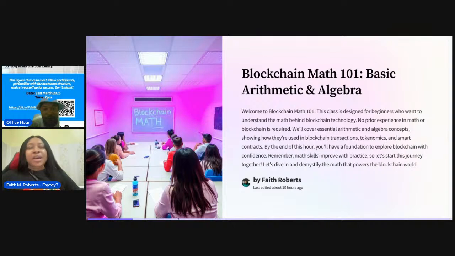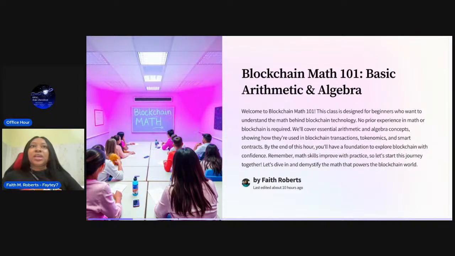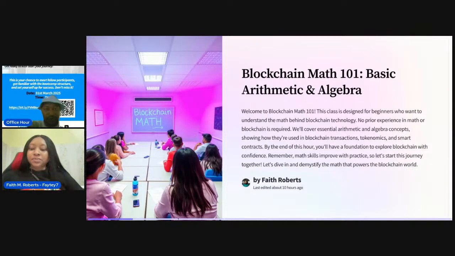Understanding the maths that powers these blockchain systems, cryptographics, and all of that will help us gain better mastery and would position us better in understanding what the blockchain is and how to develop using blockchain technologies.